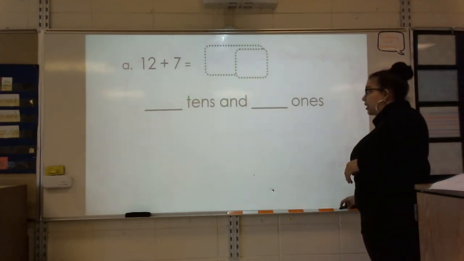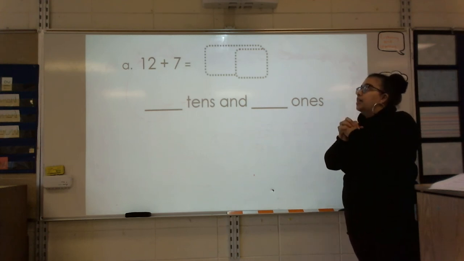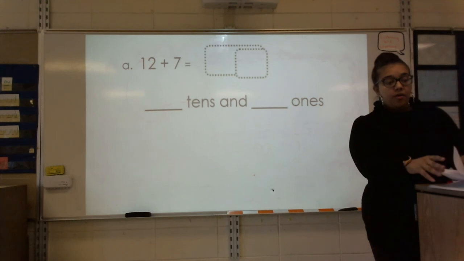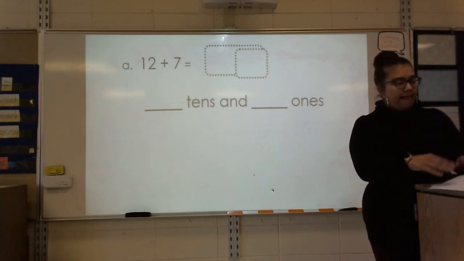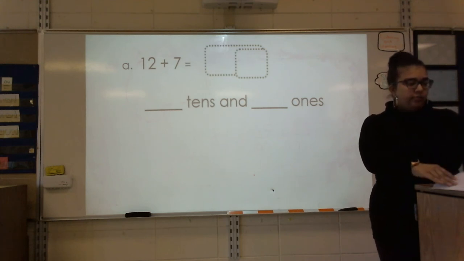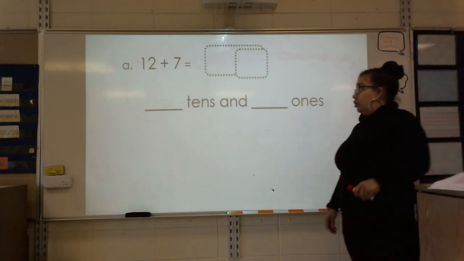10s and 1s again. This time it is 12 plus 7. What we're going to do is solve the problem using our two-number sentence strategy.